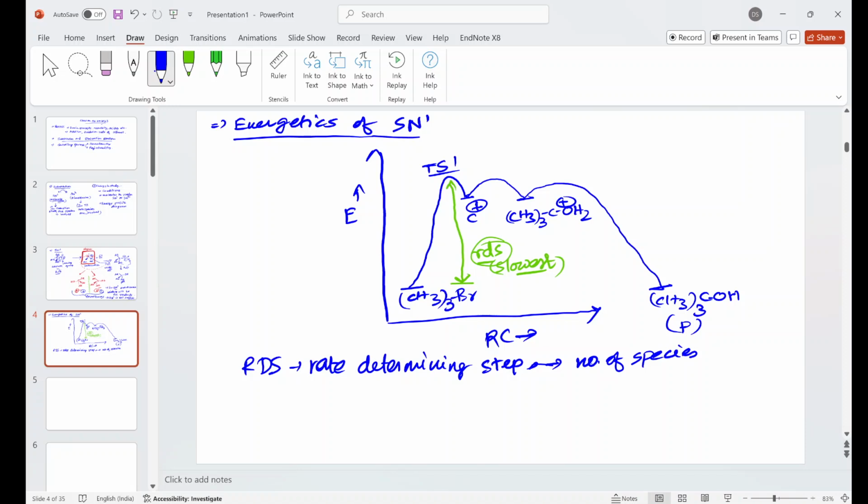We have to check the number of species involved in the RDS to get the rate equation. What you can see here, the rate is proportional to only one species.